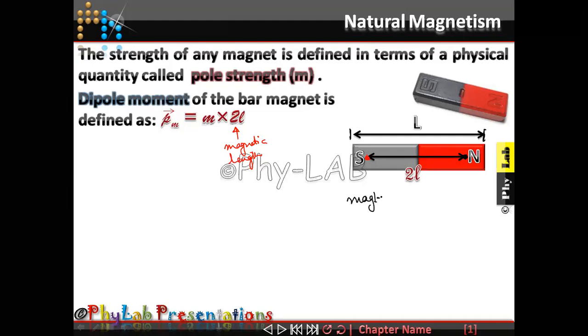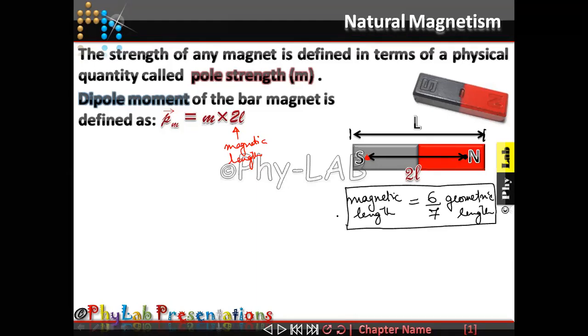Magnetic length of any bar magnet is approximately equal to 6 by 7 times its geometric length. So if you have been given the geometric length, or you can measure it, then you can very easily find out the magnetic length of the bar magnet also. Magnetic length of the bar magnet is 6 by 7 times the geometric length.